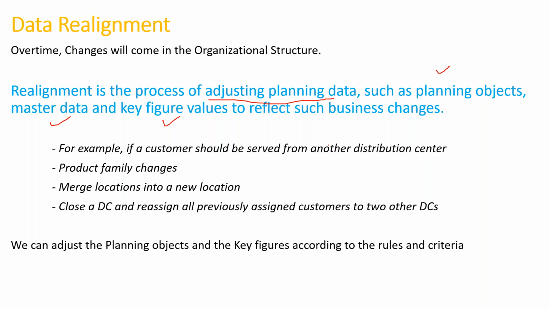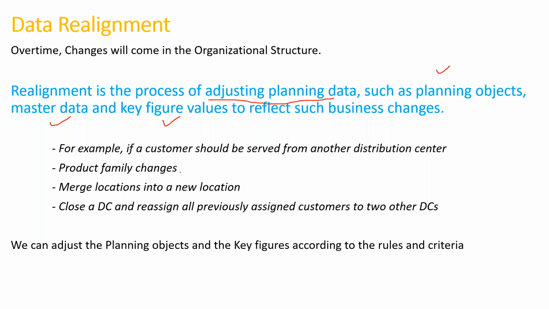Like last quarter, DC1 sent 100 units to the customer, DC2 sent 100, and DC3 sent 100. Now we do a data realignment, and after that the system should show only one source of supply for the customer, the regional DC, sending it to the customer with a value of 300. Those things can be done with data realignment.